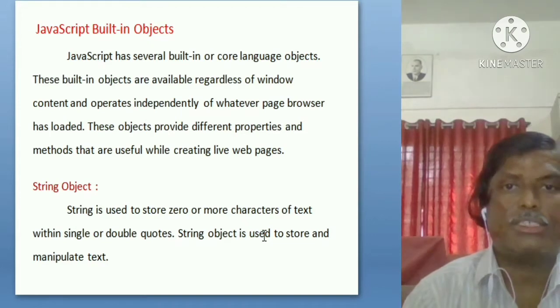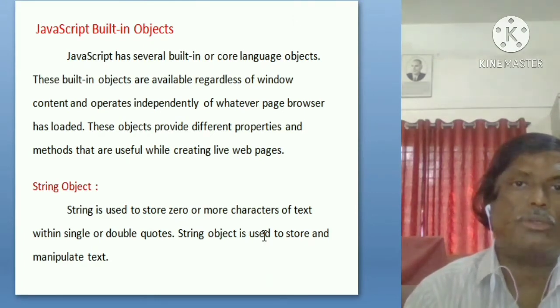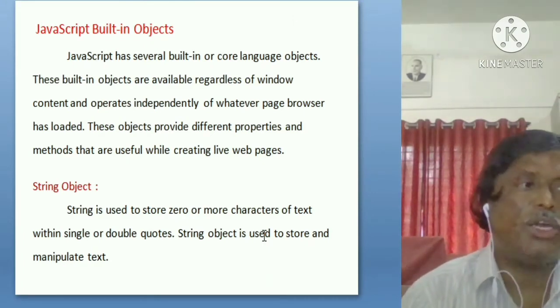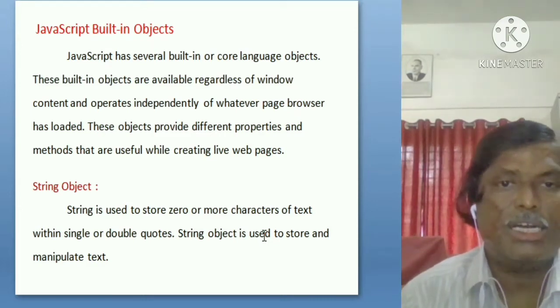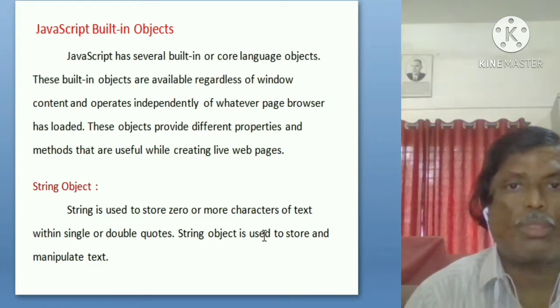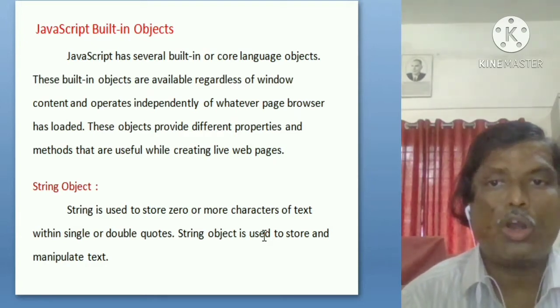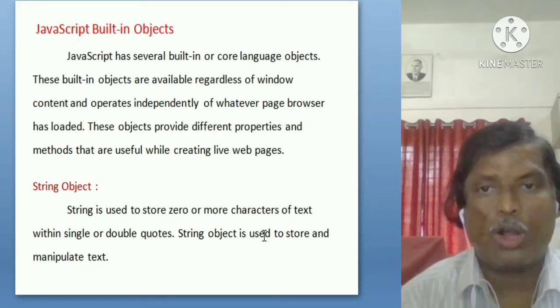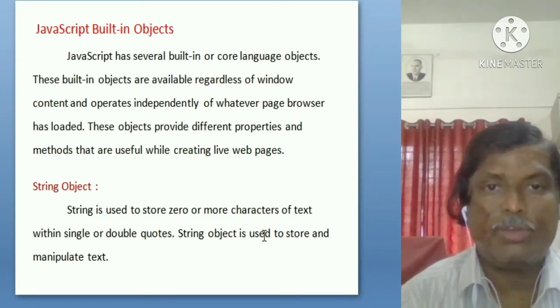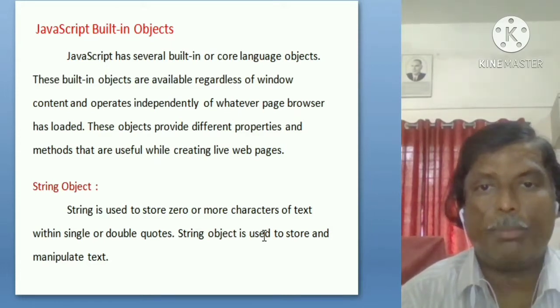These objects provide different properties and methods that are useful while creating live web pages. So see the first JavaScript built-in object, it is the string object. String is used to store zero or more characters of text within single or double quotes.